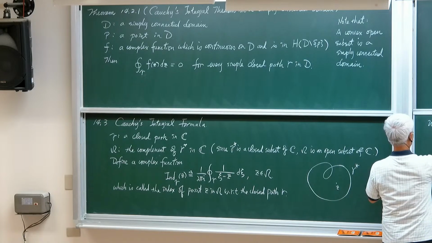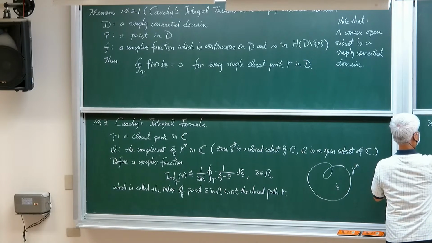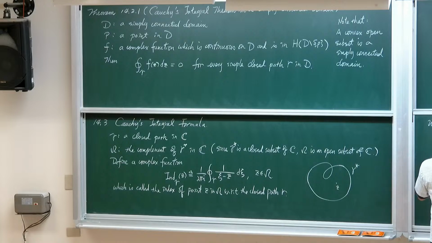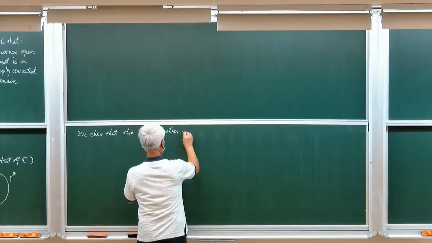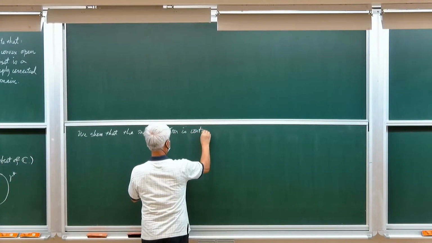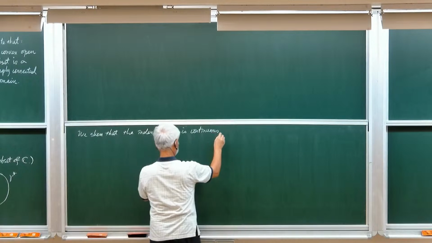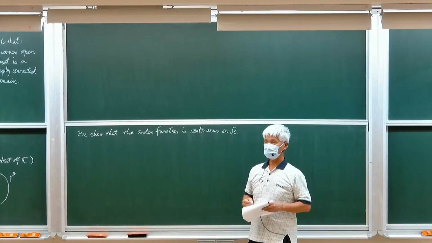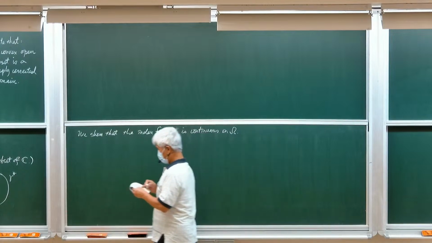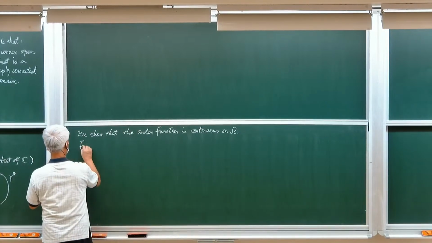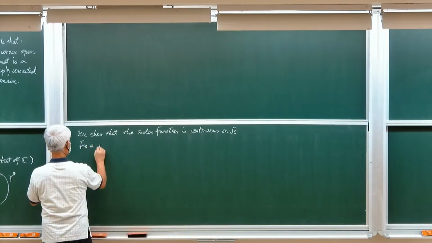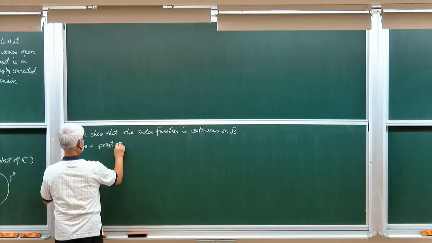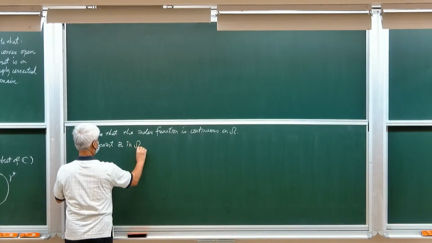Now we show that the index function is continuous on omega. So we want to show that it's continuous. We fix a point z0 in omega here.